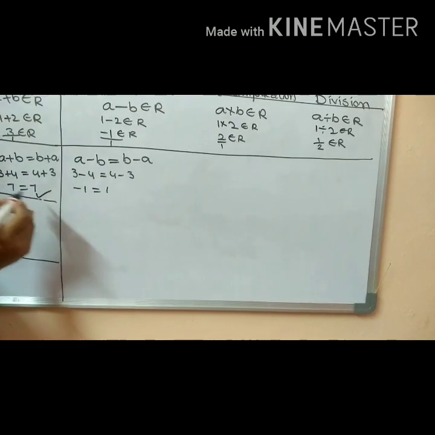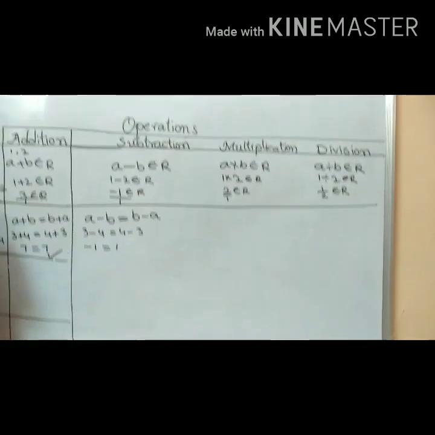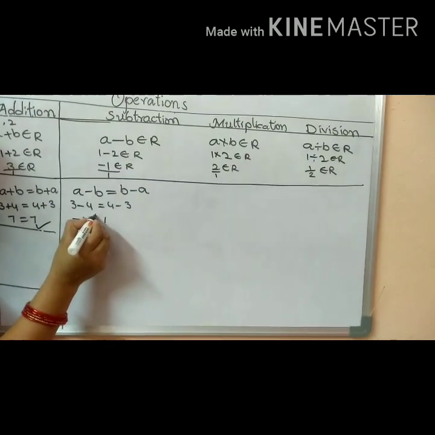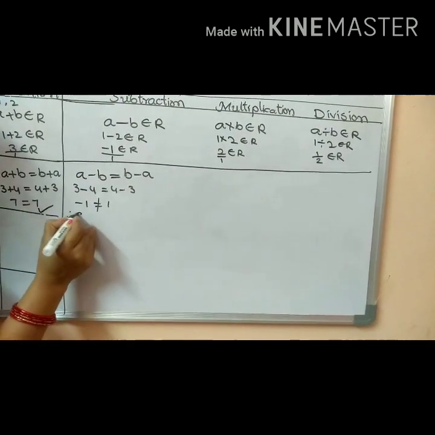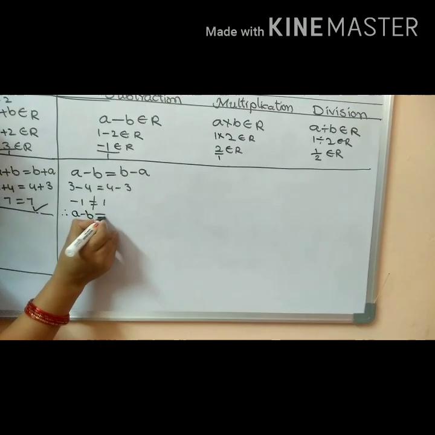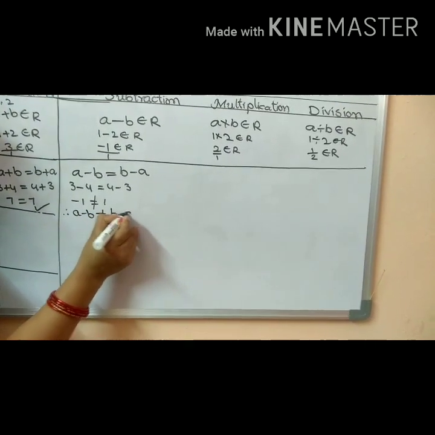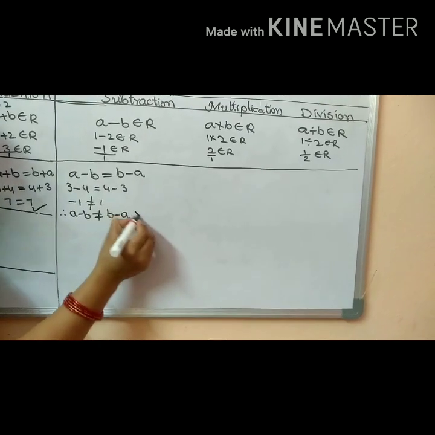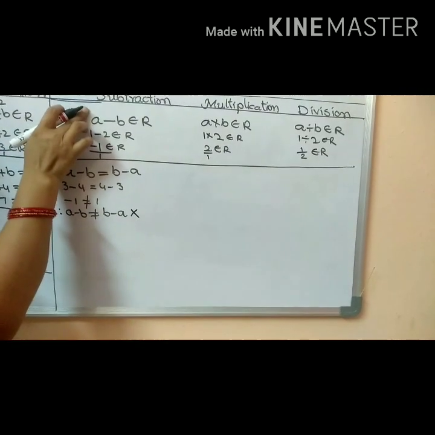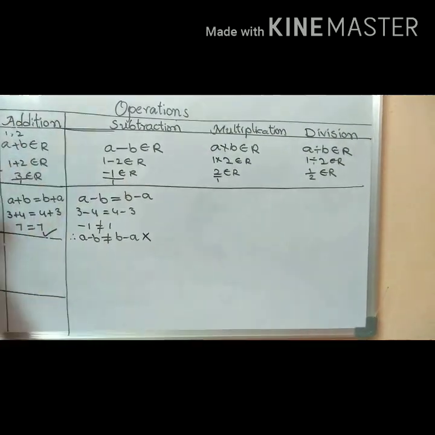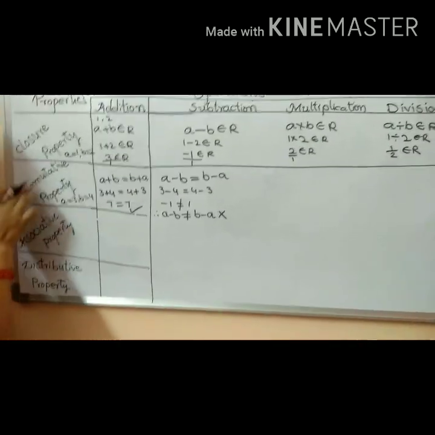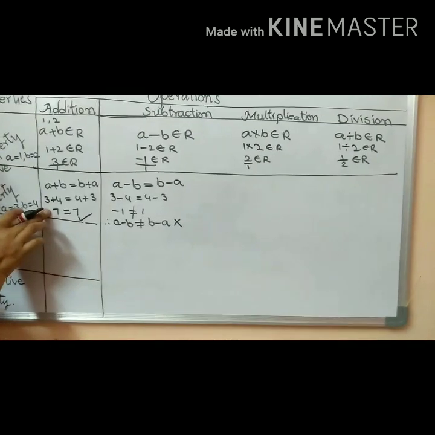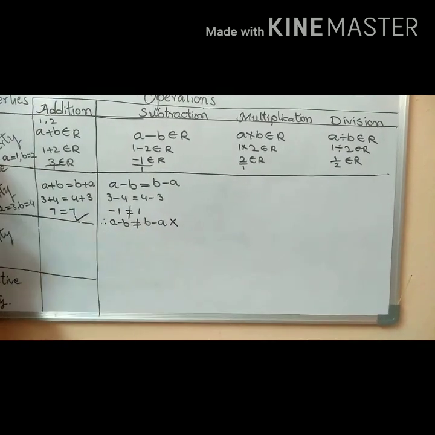Is the subtraction property possible? No. So A minus B is not equal to B minus A. So the operation of subtraction is not possible by commutative property. Did you understand? In commutative property, addition is possible, subtraction is not possible.